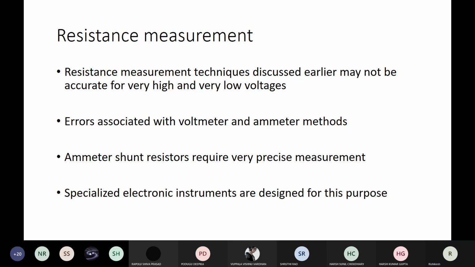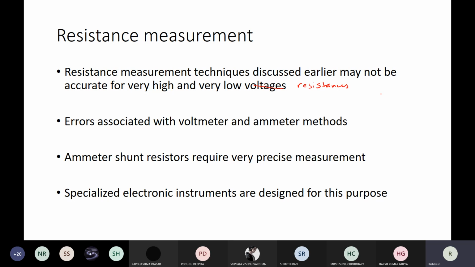So the resistance measurement techniques discussed earlier may not be accurate for very high and very low resistance values. The accuracy is basically affected by the error associated with the voltmeter and ammeter methods which we used previously.